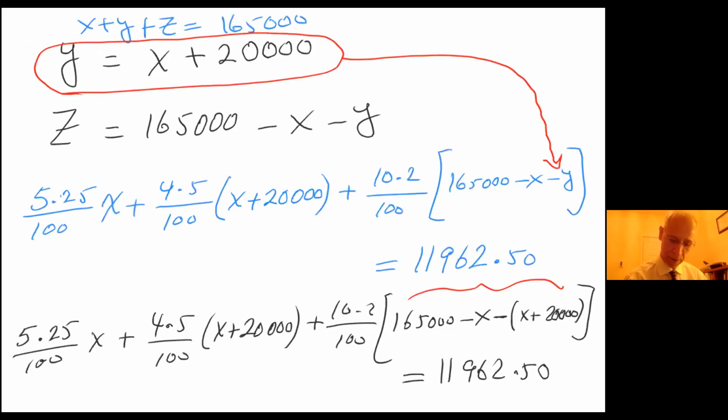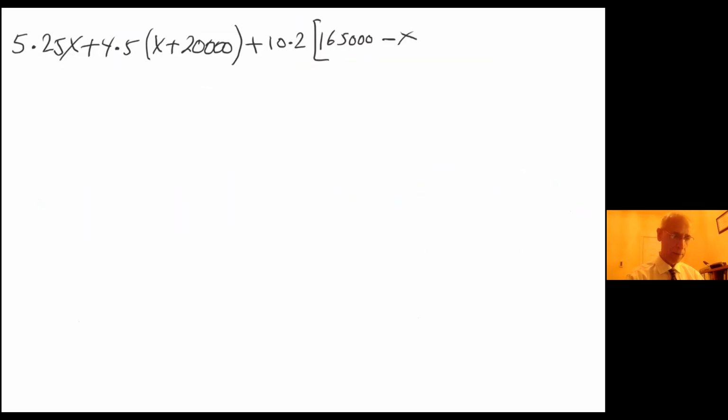Multiplying both sides by 100, I get 5.25x plus 4.5 times x plus 20,000 plus 10.2 times, inside of the bracket, 165,000 minus x minus 20,000, and all that equals 1,196,250, remembering that I multiplied both sides by 100.